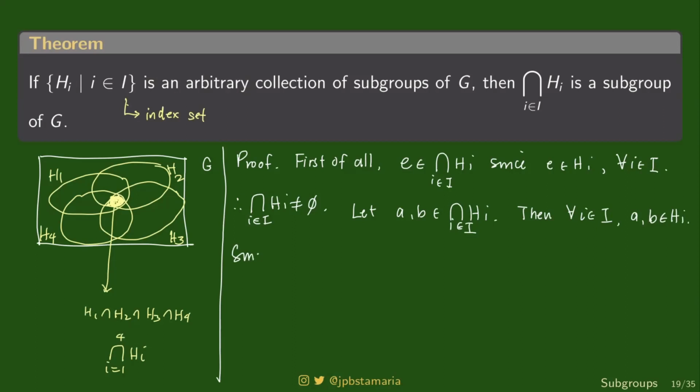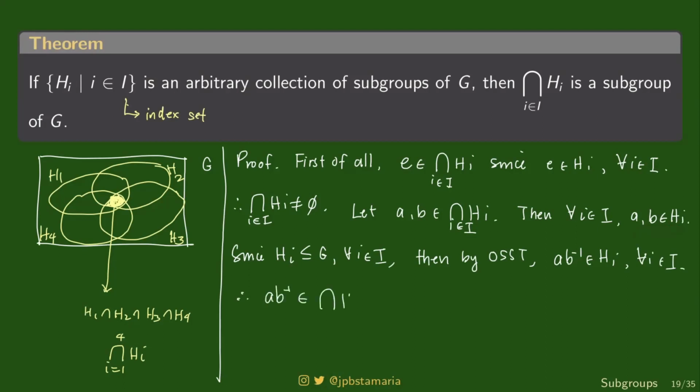Since HI is a subgroup of G for all I, then by one-step subgroup test, kung si A and B ay nasa HI at subgroup yun, dapat yung AB inverse nasa HI for all I din. Di ba? Therefore, si AB inverse, nasaan?